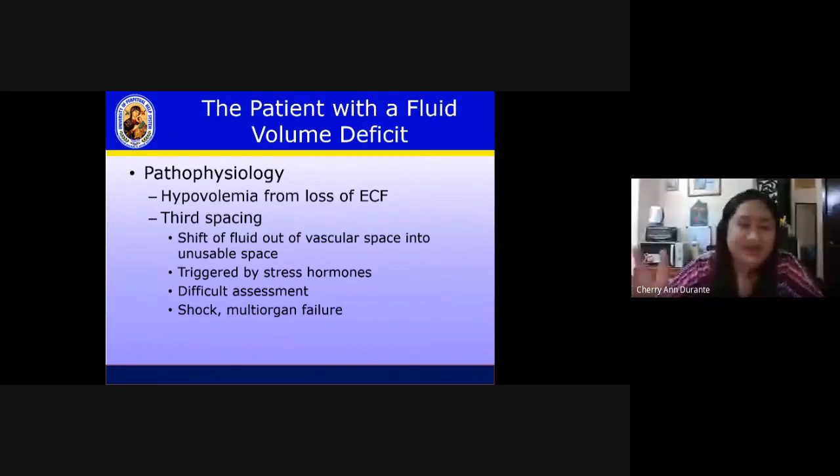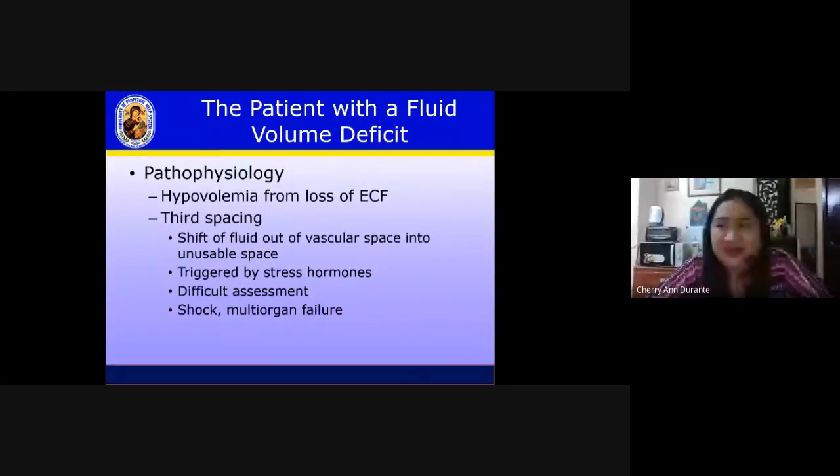So, it is triggered by stress hormones. This is difficult to assess. It can lead to shock and even multi-organ failure. Why? Because you need to have an appropriate blood pressure, blood volume, to maintain life.